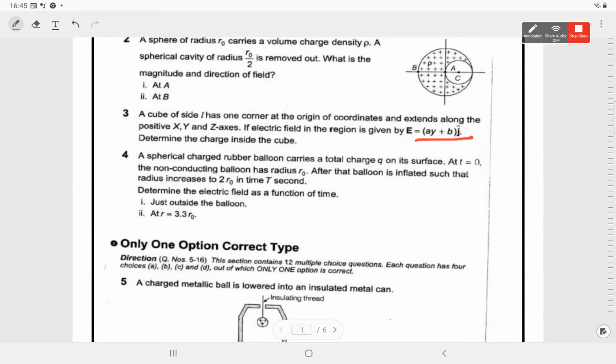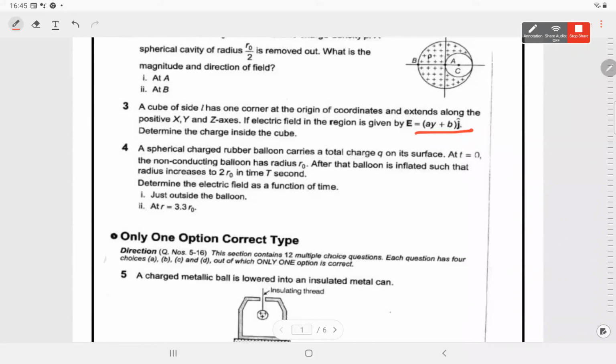Determine the electric field as a function of time just outside the balloon and at r is equal to 3.3 r0. So in this case, charge remains same, only radius is increasing.